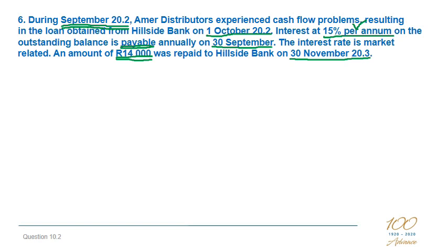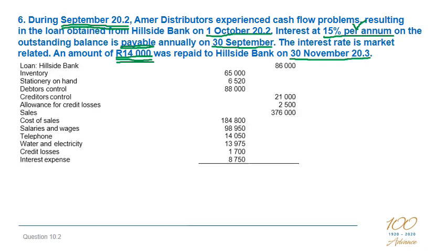Okay, if this installment, this 14,000 was paid on the 30th of November, that means the payment was made before year end. If I then have a look at the balance of the loan in the pre-adjustment trial balance, this 86,000 is after the repayment of 14,000.